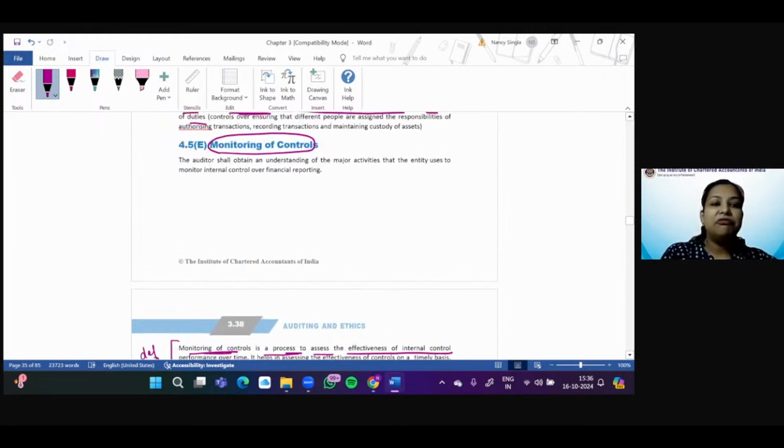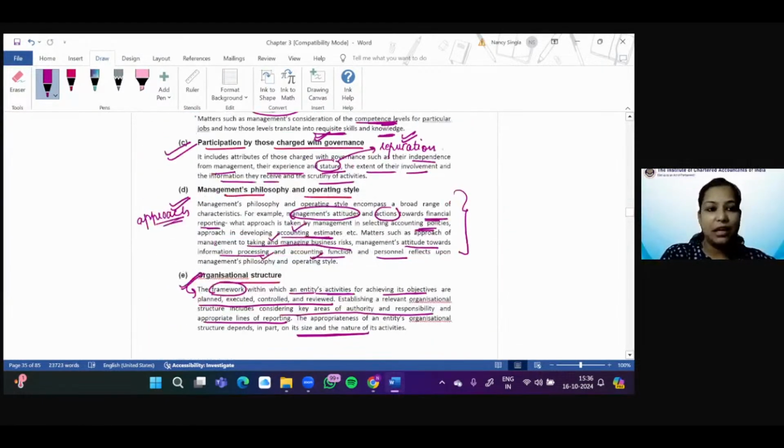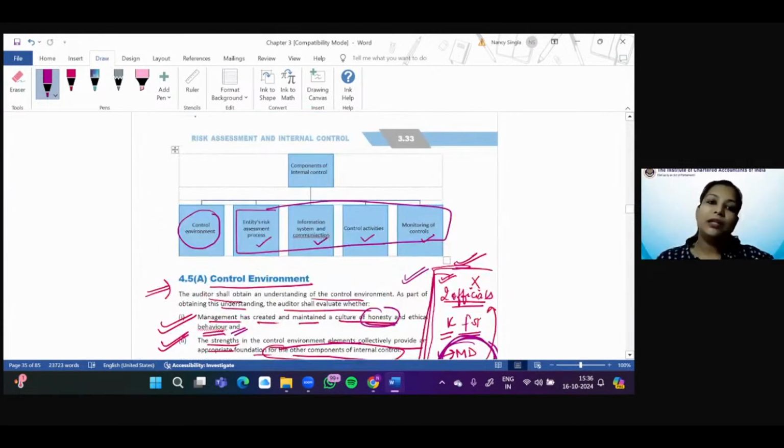So we have done the 5 components of internal control. Students, this is a really very important topic from the examination point of view. You may get a 3-mark question or 4-mark question, like a question that asks you to explain the entity's risk assessment process, maybe with some practical aspects, or the monitoring of controls.